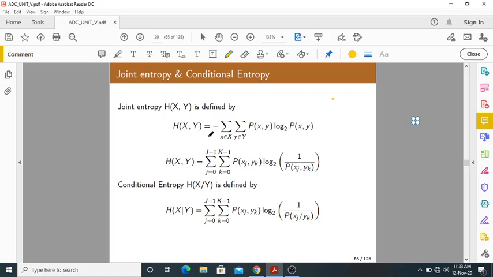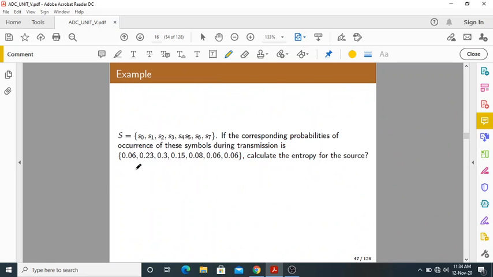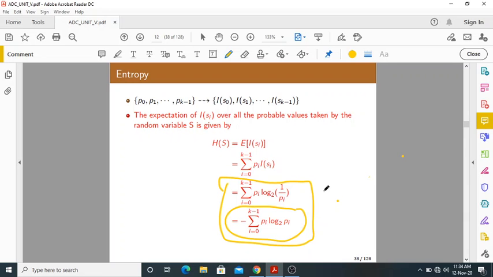Now, in the last classes we have discussed entropy. What is the entropy formula? That is very, very important. So I am repeating it so many times because it is very, very important. You must know this formula. Now this is the formula of entropy. Correct?